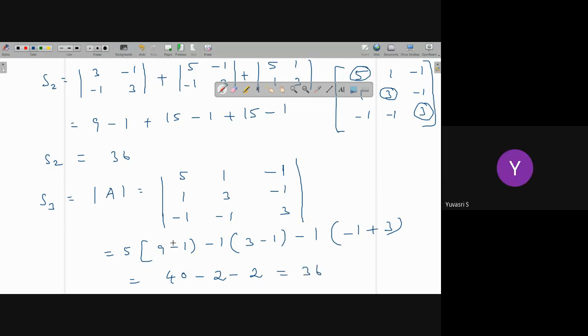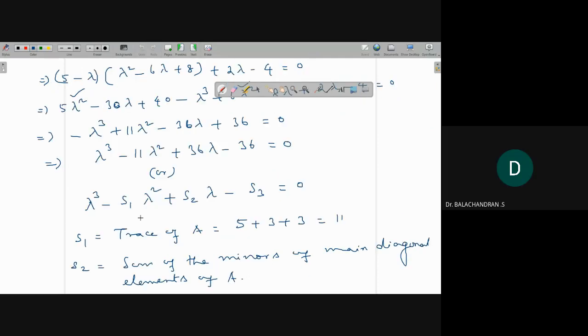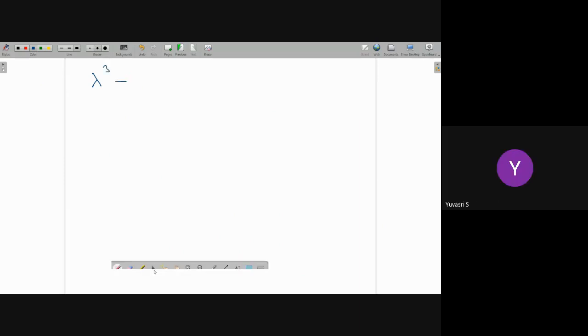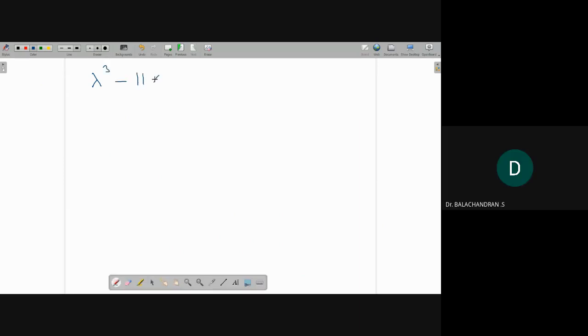Now substitute the S1, S2, S3 values in this equation: lambda cube minus 11 lambda square plus 36 lambda minus 36 equal to 0. Please check whether both answers are correct. Yes, sir.